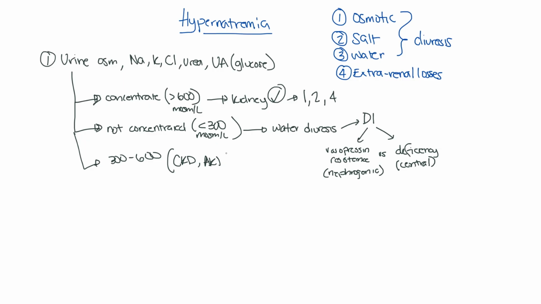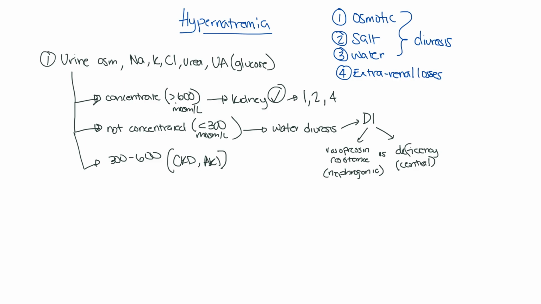When a kidney is not functional, it's going to have trouble concentrating urine appropriately, and so it may still try to be doing the right thing. ADH as a system may still be intact. It's just that the kidney's function is not as responsive as we want it to be due to the acute kidney injury.